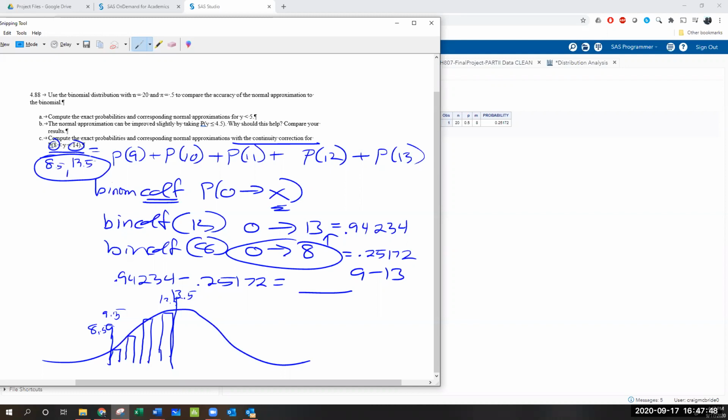Now, way back in the old days, before computers and before it was easy to calculate binomial CDFs, you had to calculate all of these binomial things by hand with the formula and a calculator.